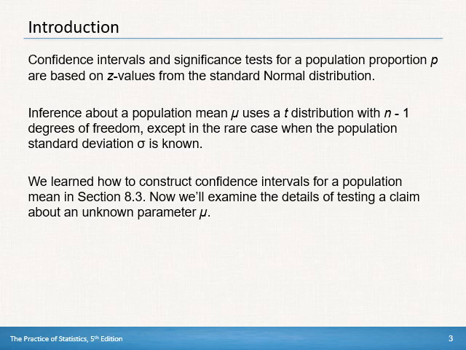It's a little flatter and has a little more area in the tails. It ends up being a t distribution. So we'll see that again here in 9.3, just like we saw in 8.3.